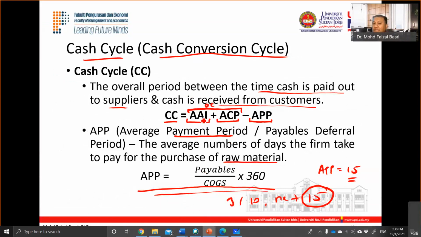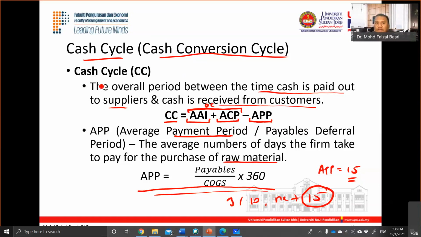Okay, by looking at the three items, AAI plus ACP minus APP, the company just now requires 105 days of cash cycle. It's quite long. But again, we cannot compare. It depends on the company, or depends on the industry of the company. Anyway, so that's our first part, the cash cycle, which consists of three items.